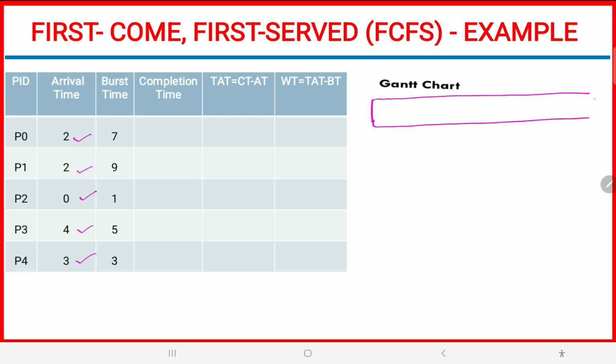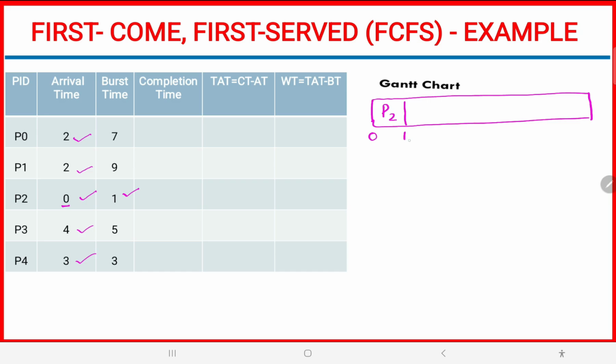So let's have a look at the Gantt chart which we'll be preparing based upon this scenario. If you see over here, it is P2 which came at time t equal to 0. So obviously P2 came first, so P2 will be allocated the CPU initially. Its burst time was only 1 millisecond, so it accessed the CPU for 1 millisecond.